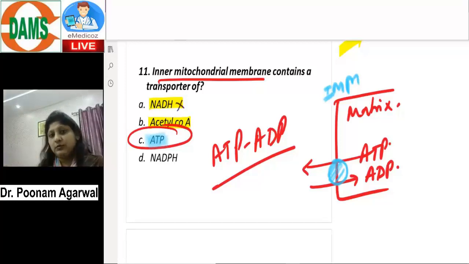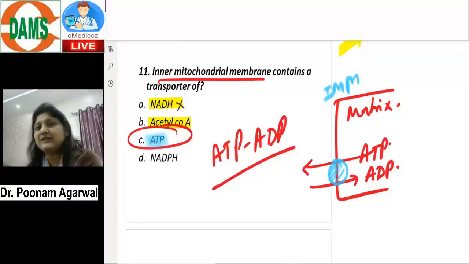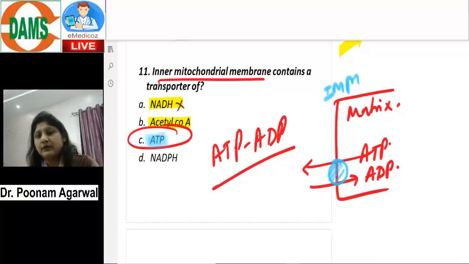And God has decided that this acetyl-CoA should go to the TCA cycle. If the TCA cycle is accepting acetyl-CoA, no one else should use it. So the acetyl-CoA needs to go to the TCA cycle, and God has not given any transporter for acetyl-CoA. Otherwise, it will come outside and spoil the whole biochemistry.